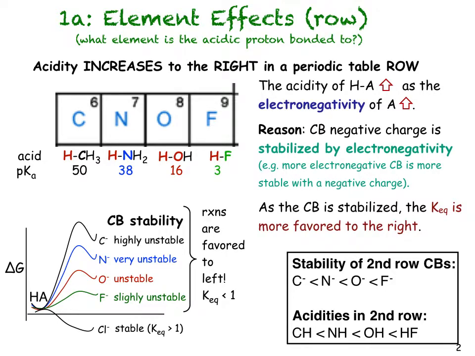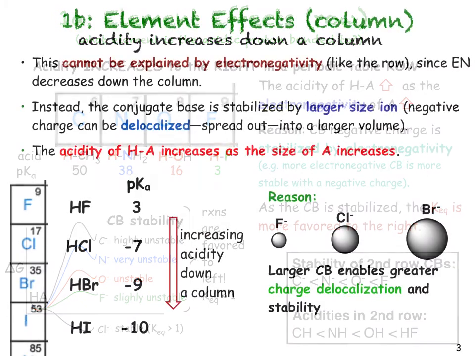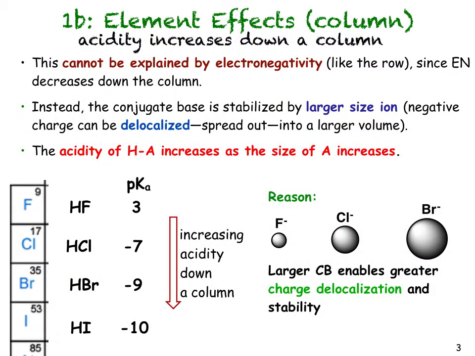But the take-home message here is that if the proton is being lost from an atom, if we think about a couple of atoms in a row, then the one that's going to be the atom that's losing a proton, if it's more to the right on the periodic table, it's going to be a stronger acid. And we also looked at going down a column, and we said that the stronger acids are going to be the ones where the proton is being lost from the atom further down the column.